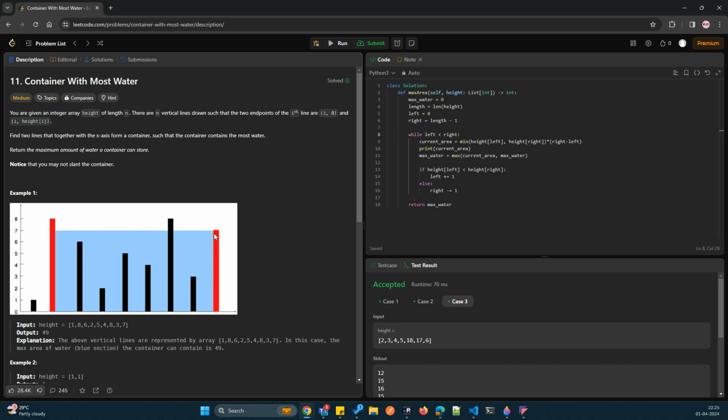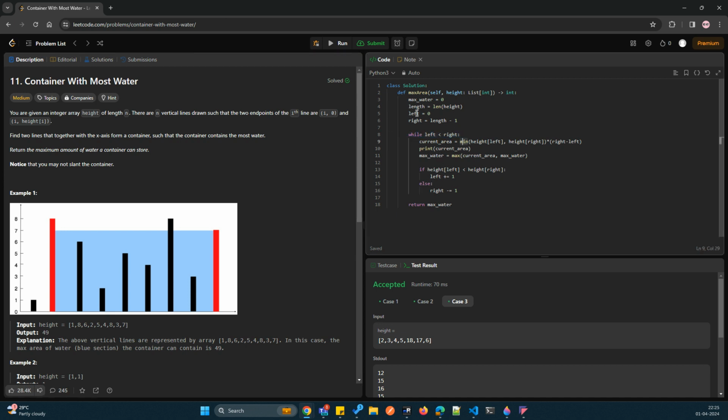Whenever we do the calculation, let's say the left one is smaller and the right one is bigger, correct? If we can get the left one also bigger, we'll get a maximum storage. That is the one thing we need to understand here. So we'll increment that respective pointer. If the right one is lower, we'll decrement that pointer. If the left one is lower, we'll increment the pointer. That's what we'll be doing here.